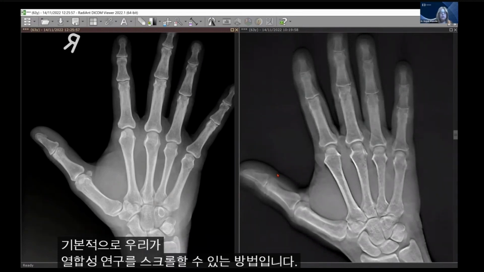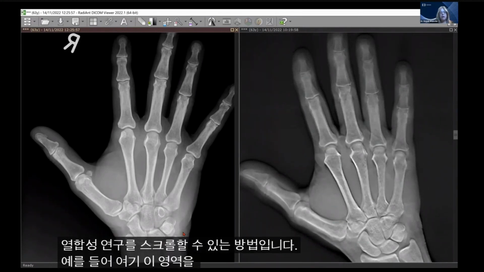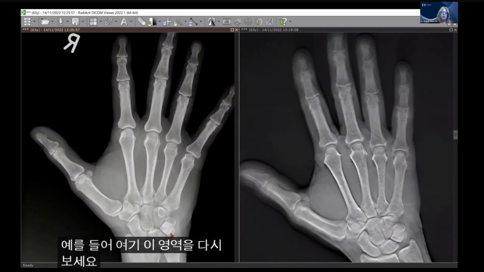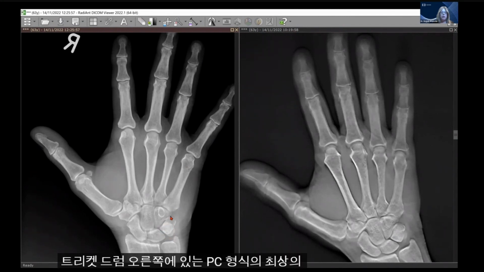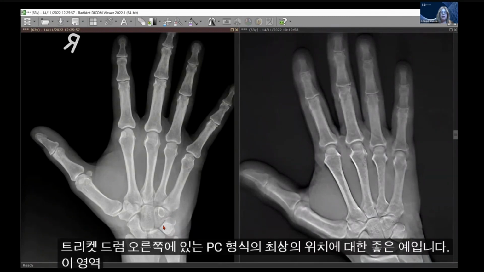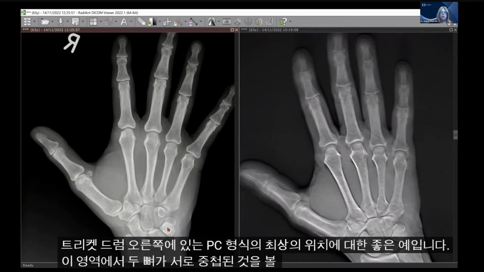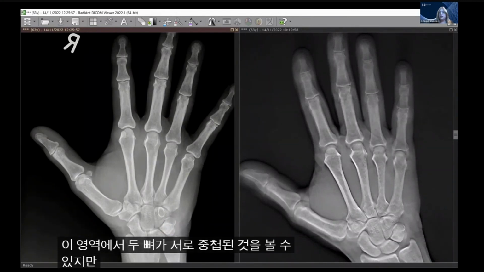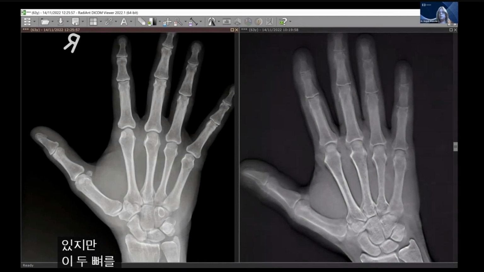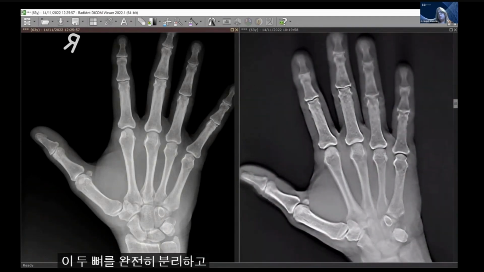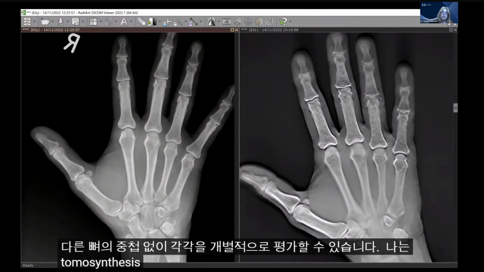So look, for example, at this area here. Again, I'm just going to show you that nice example of the superimposition of the pisiform on the triquetrum, right? In this area, I see both bones superimposed on each other, but I can completely separate these two bones and evaluate each one of them separately without the superimposition of the other one when I read a tomosynthesis.